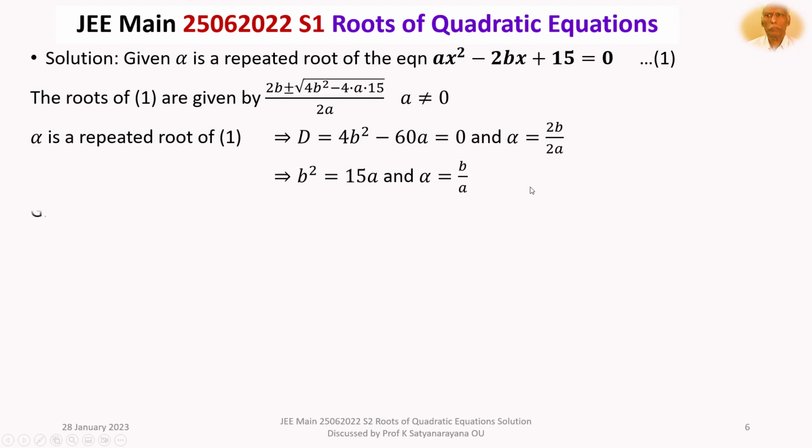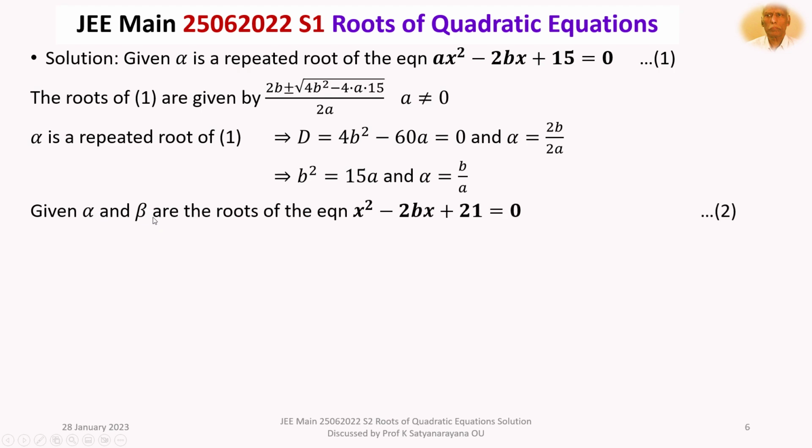Now let's continue. We are also given alpha and beta are the roots of this second equation. The second equation is x square minus 2bx plus 21 is equal to 0. Call this equation 2. Alpha and beta are the roots. Therefore, alpha plus beta, that is the sum of the roots, is equal to minus the coefficient of x, that is minus of minus 2b, by the coefficient of x square, which is 1, so it is plus 2b.